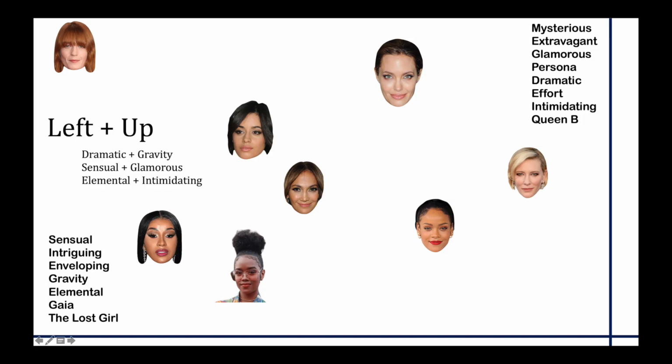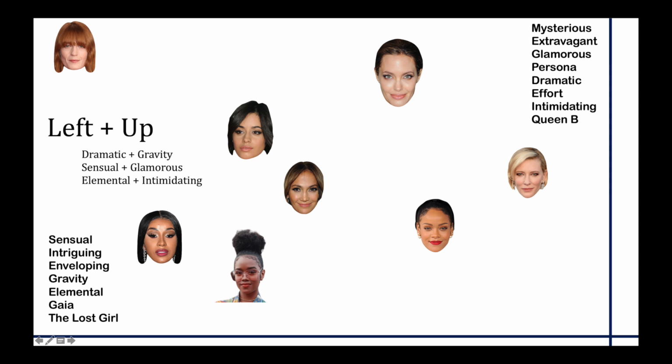I think it really reinforces why we have all these different keywords, because again, we're trying to put billions of women into 4 categories. And I absolutely agree that for her it is intimidation. She wants to be a little bit spooky. Yeah, and if you just look at the slide with all of them, you can see that both Cardi B and her want to go up so they get the persona factor, and they want to go up so they get the intimidatingness factor, and through that they can really filter their intriguingness, their gravity, and their elementalness.